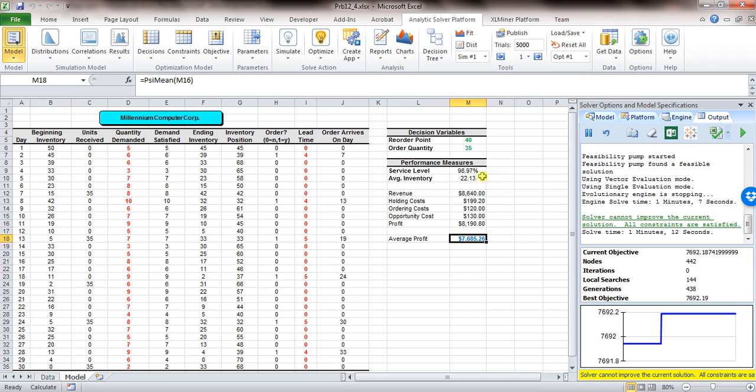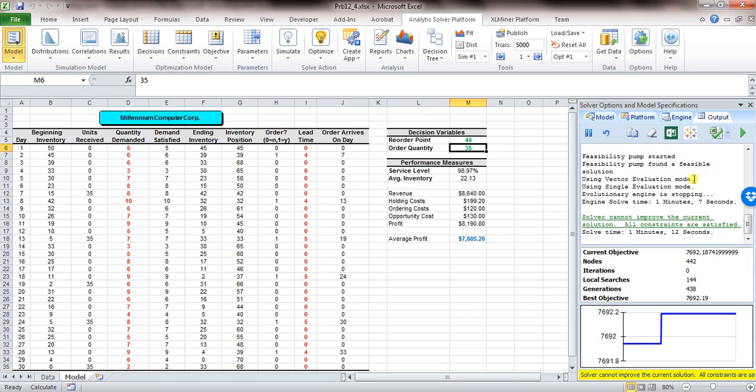It found the reorder point to be 40 and the order quantity as 35, with an average profit of 7685. Sometimes you see the average profit is 7685, but the last current objective had 7692 as a better profit. But this average is calculated from 5,000 simulations.